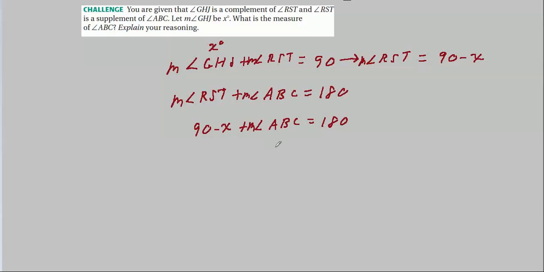So, what is the measure of angle ABC in terms of x? Well, pretty simple. 180 minus 90, which is 90. I'm subtracting, so let's do this right this time. 90 plus x. So whatever this turns out to be, angle ABC is 90 plus that.